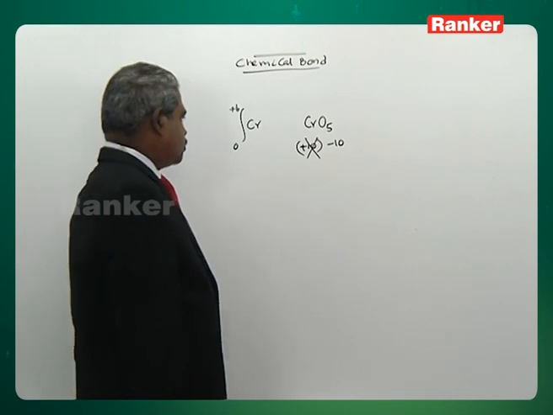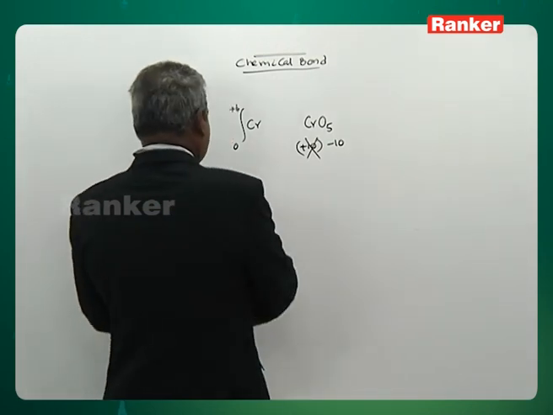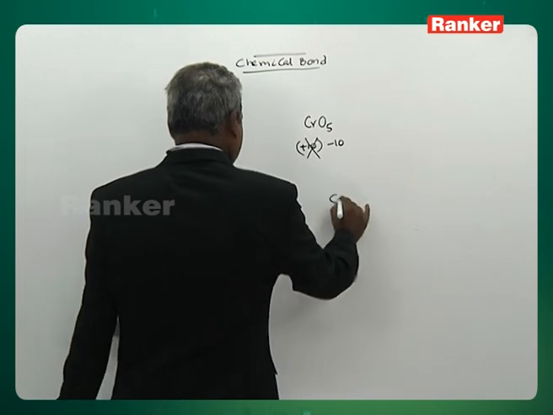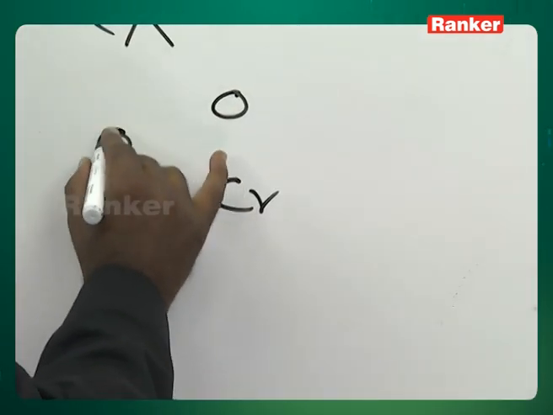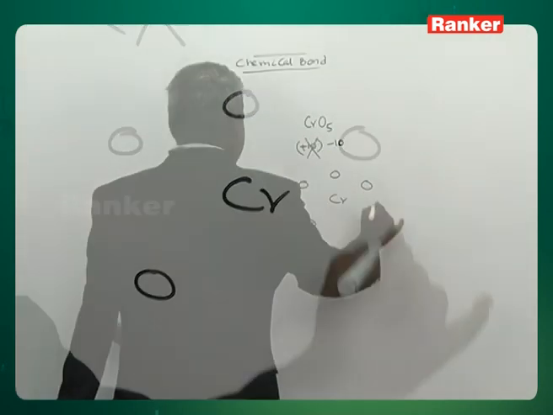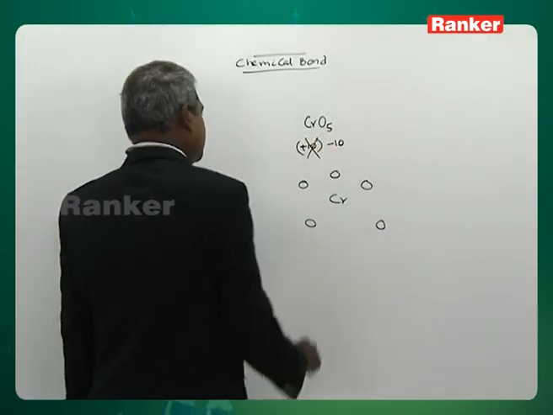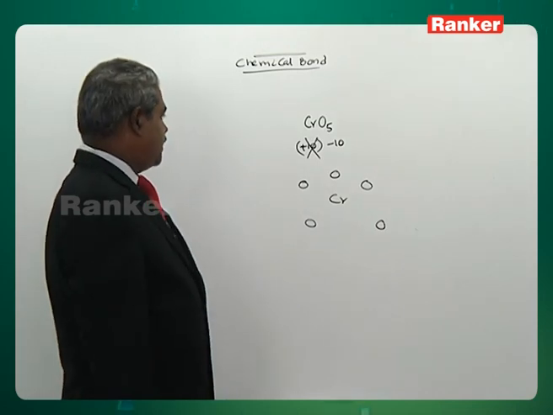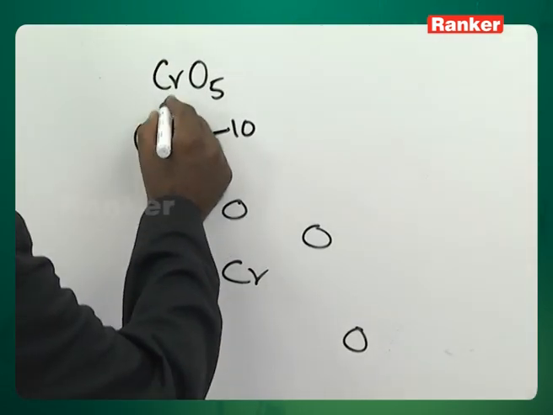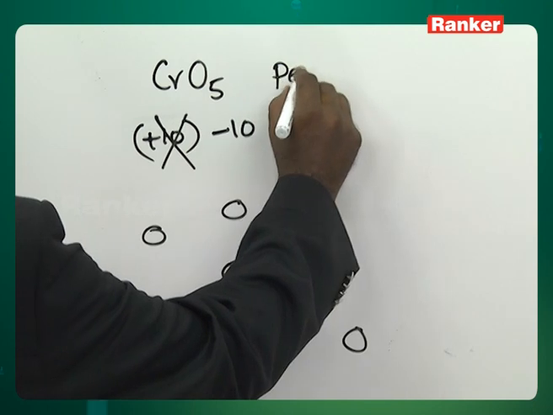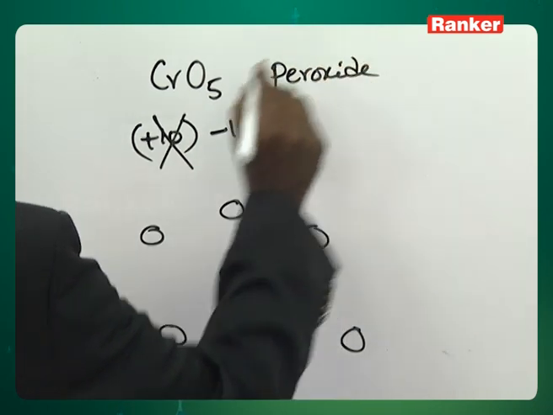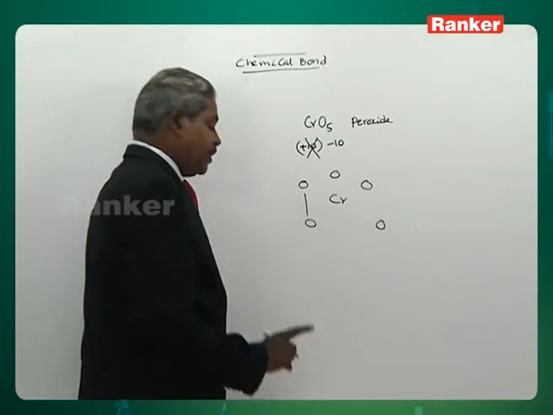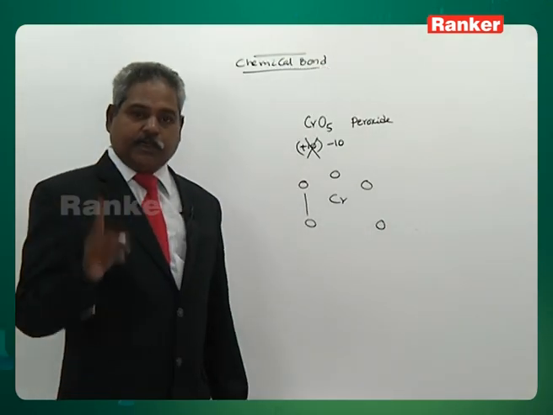Now, see how to draw the structure, we all know. How to draw the structure? 1 chromium, 5 oxygens, and we know this fellow has got a peroxy bond also. How do you know it is a peroxide? Because chromium is getting an impossible oxidation state, it is a peroxide. Therefore, an oxygen-oxygen single bond is there. What do you mean by peroxy? Oxygen-oxygen single bond.